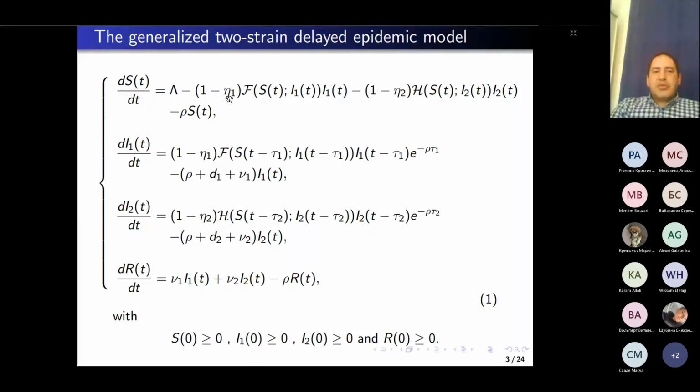And not to forget, we have here eta 1 and eta 2. They describe the efficiency of the therapy. Here eta 1 is the efficiency of the first therapy, and eta 2 is the efficiency of the second therapy.